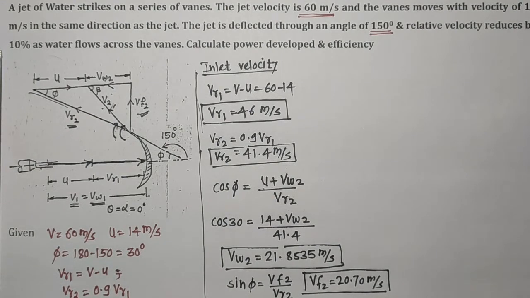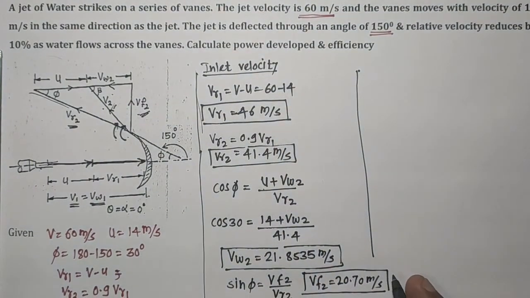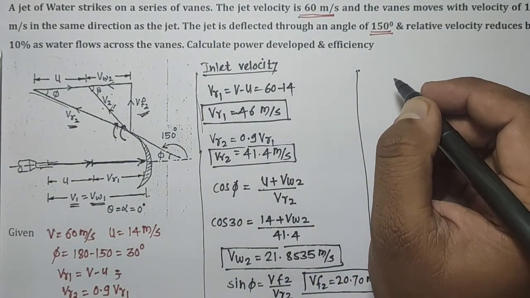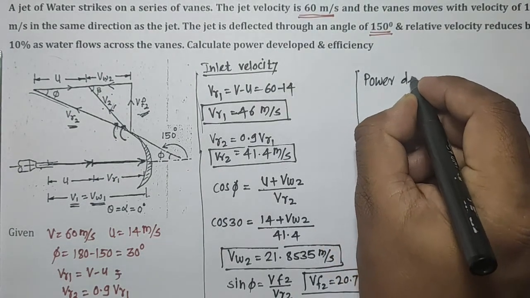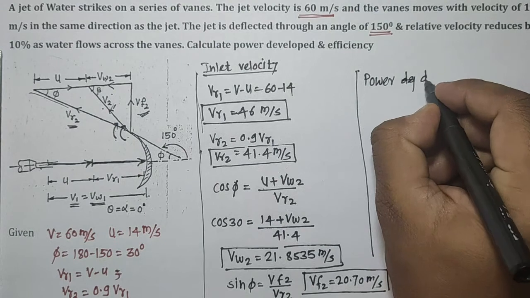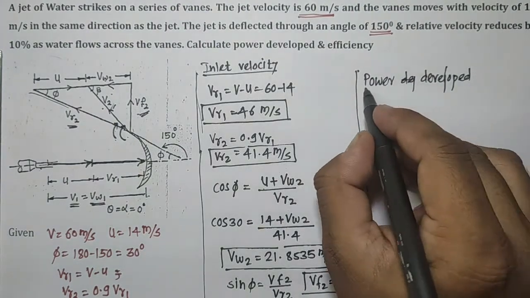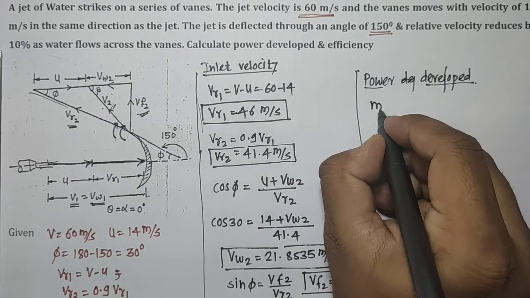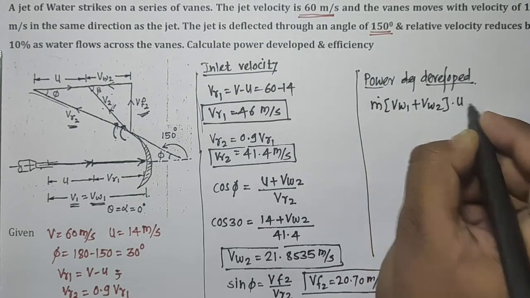Now for a series of vanes, we can write the equation of force, and directly the power developed as m dot into (VW1 plus VW2) into u.